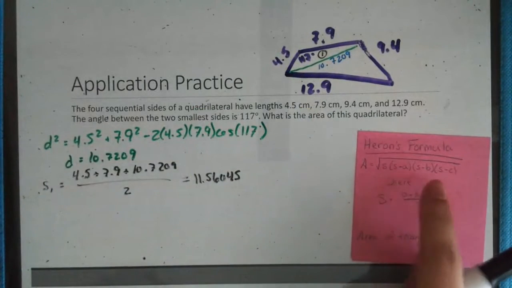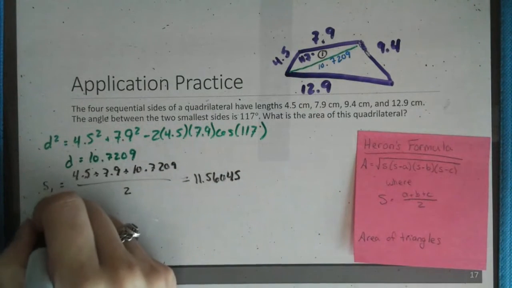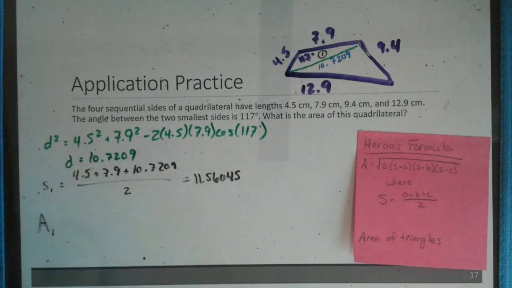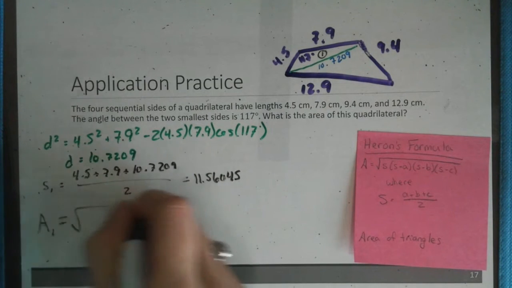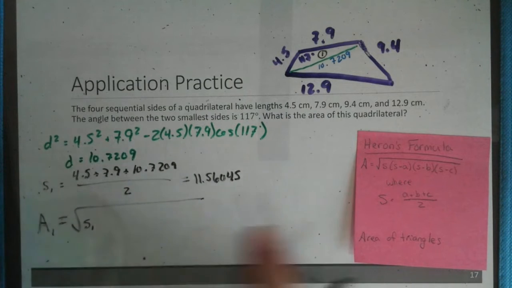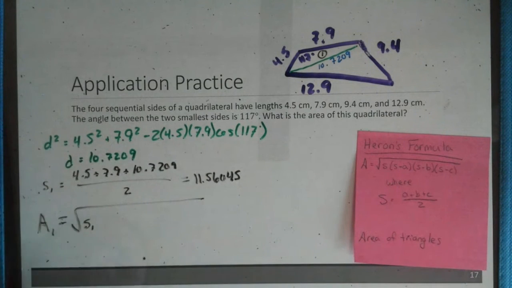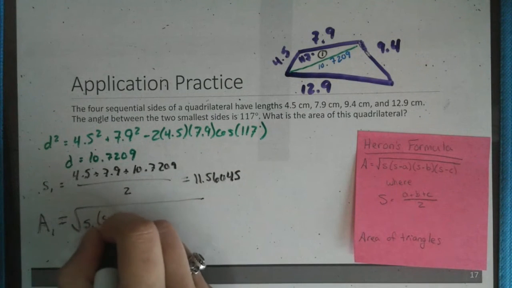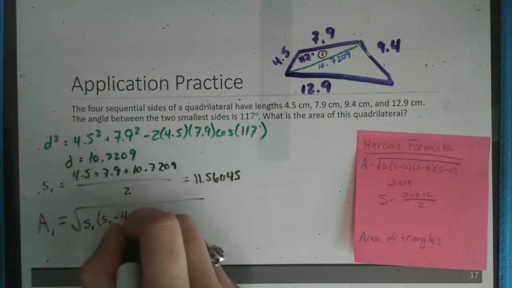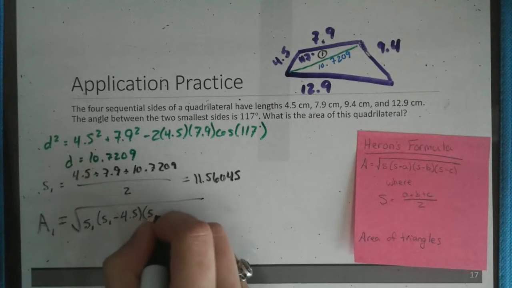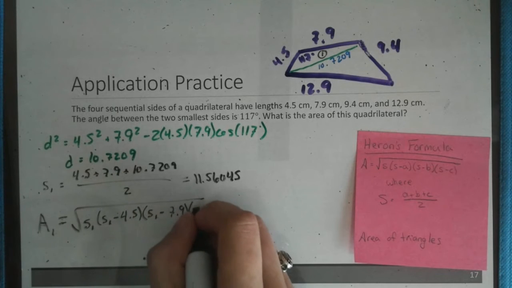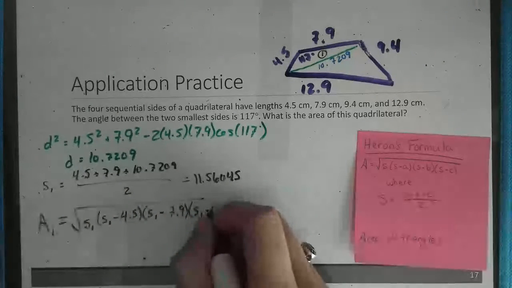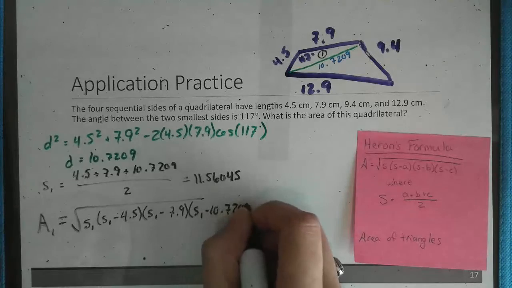Now I can find the area of this triangle. So the area of triangle 1 is equal to the square root of S1 times S1 minus the first side length, 4.5, times S1 minus the second side length, 7.9, times S1 minus the third side length, 10.7209.